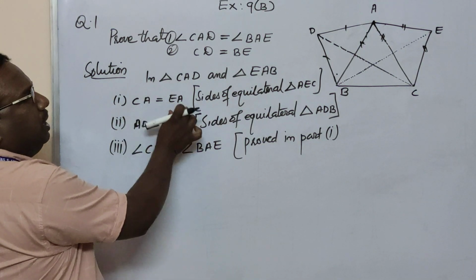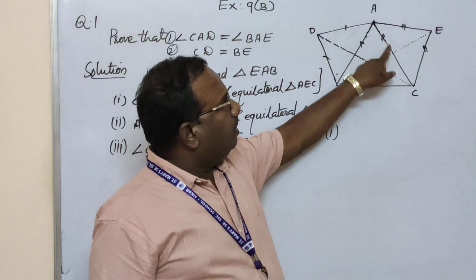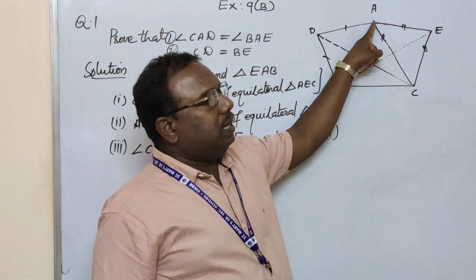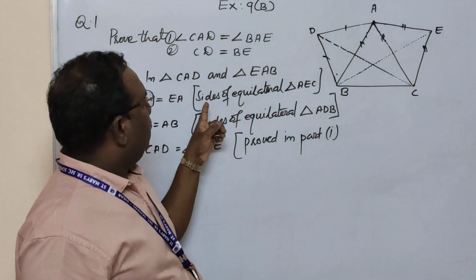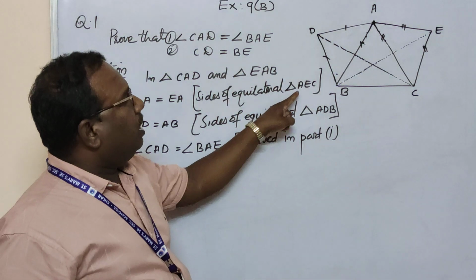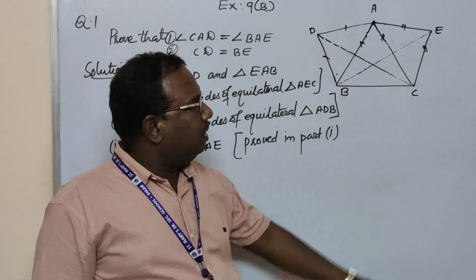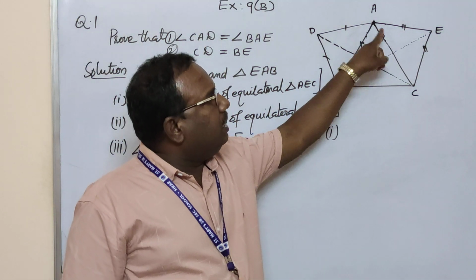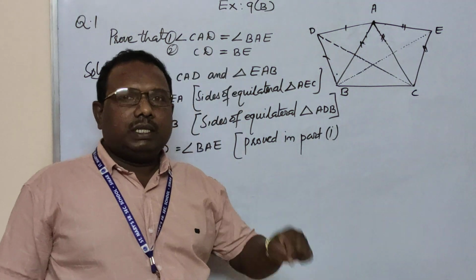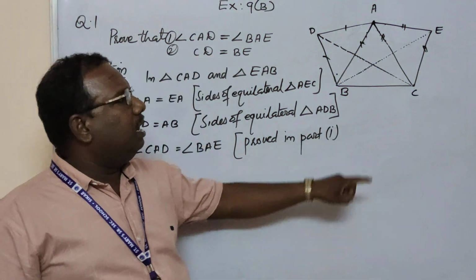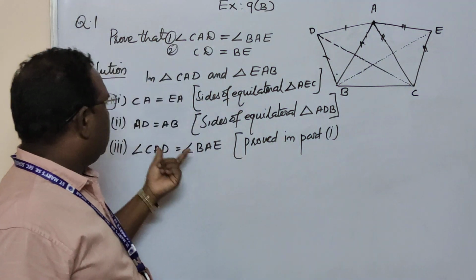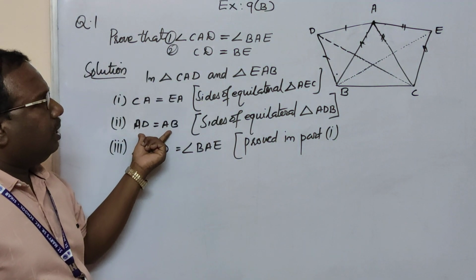Let's write point 1. CA equal to EA. Here is CA. CA equal to EA. Both CA and EA are sides of the same equilateral triangle AEC. Now, second point. AD equal to AB.